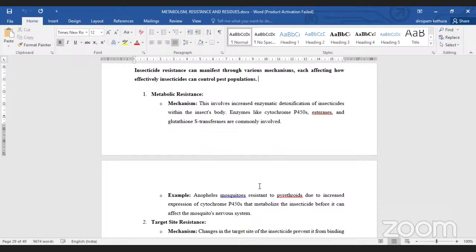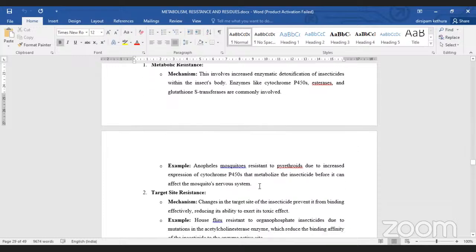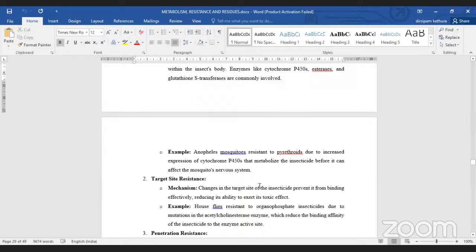Enzymes like cytochrome P450s, esterases, and glutathione transferases are commonly involved. The example is Anopheles mosquitoes resistance to pyrethroids due to increased expression of cytochrome P450s that metabolize the insecticide before it can affect the mosquito's nervous system.